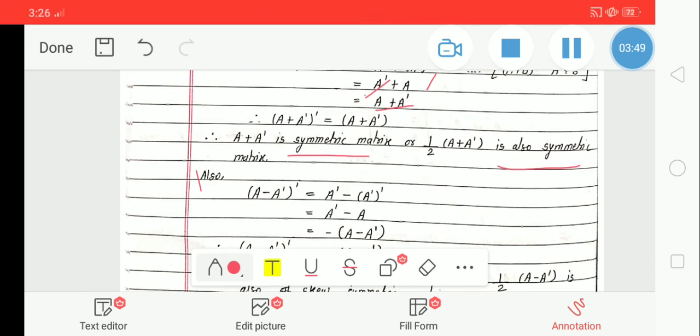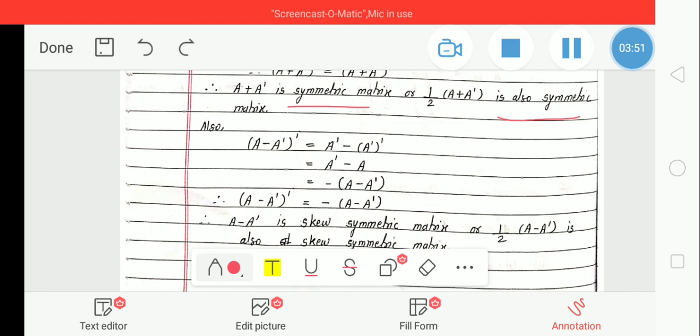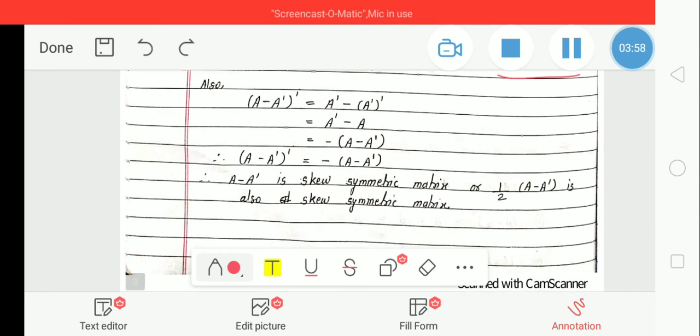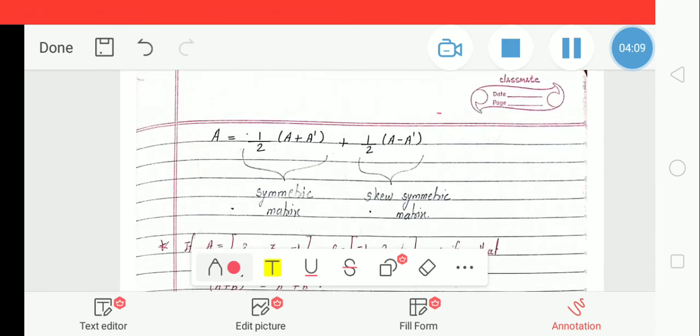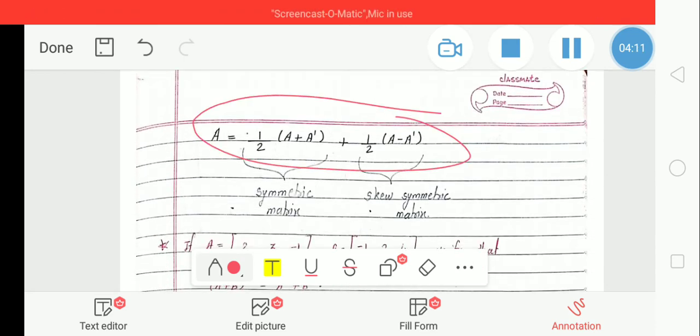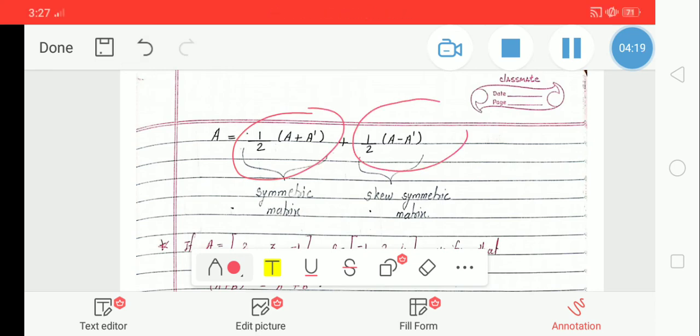So A dash minus A, taking the minus sign common, gives minus (A minus A dash). So A minus A dash is a skew-symmetric matrix, and half of (A minus A dash) is a skew-symmetric matrix. Now this is the equation: A is equal to half (A plus A dash) plus half (A minus A dash). So this is a symmetric matrix and this is a skew-symmetric matrix.